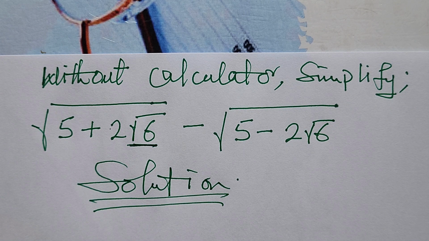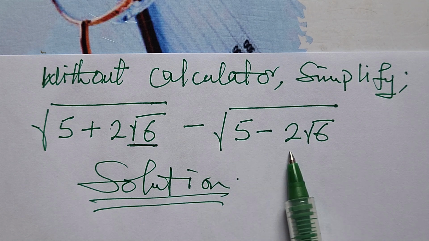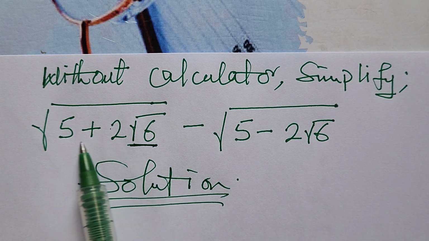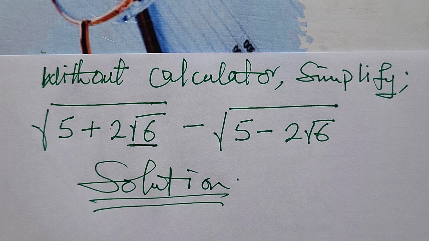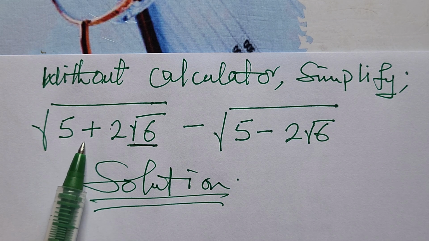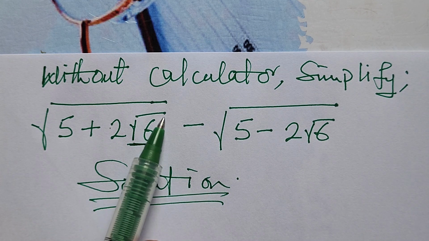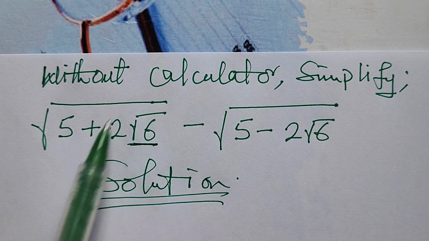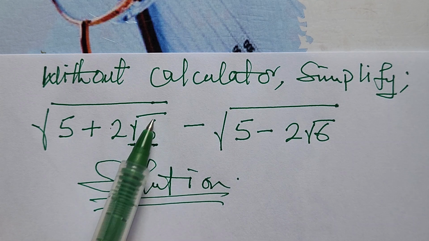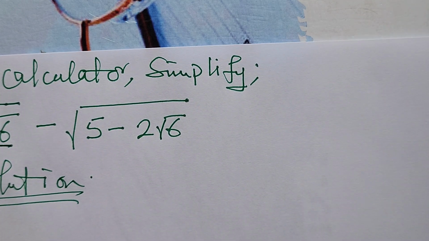If you watch carefully, you discover that the terms inside this radical are conjugate to this very one. So once we get this one, we include the minus sign and it will give us this. So we have to take only this radical out here, which is the square root of 6. How do we go about that?